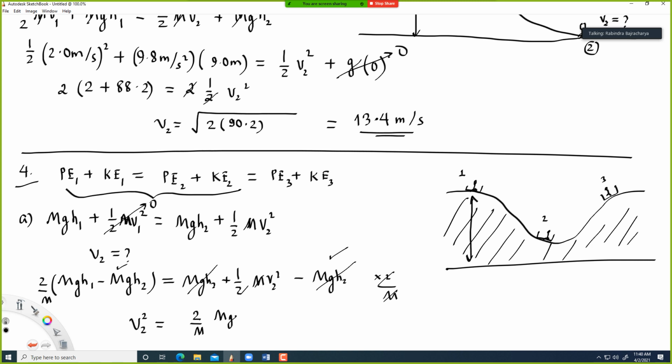What's left in the parentheses is h1 minus h2. I can cancel this m and that m, so then we'll have 2 g times h1 minus h2.